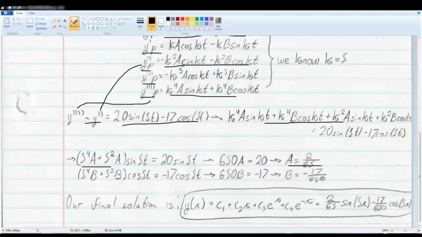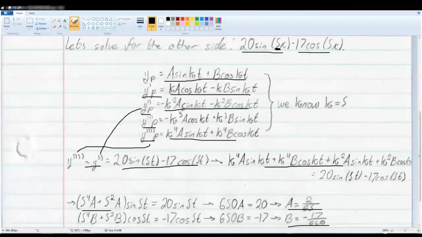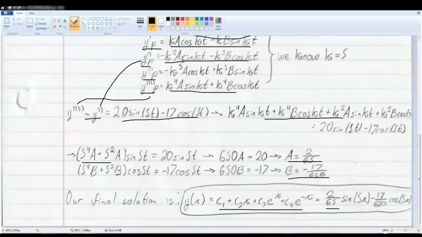I basically just solve for a and b, and then I plug it into the general equation. So we have the one from before, which is the left side solution, and then the one here, using this form right here. This is a particular solution, right. So here's our particular solution for the right side with a and b plugged in.